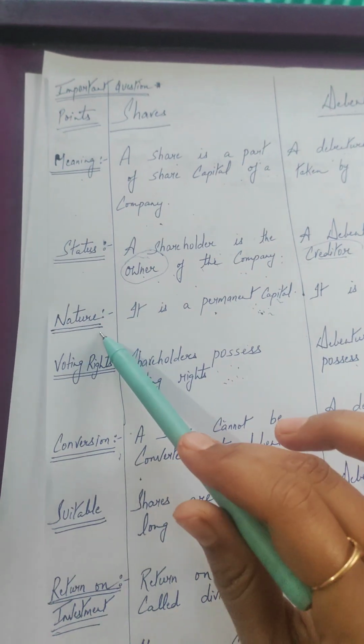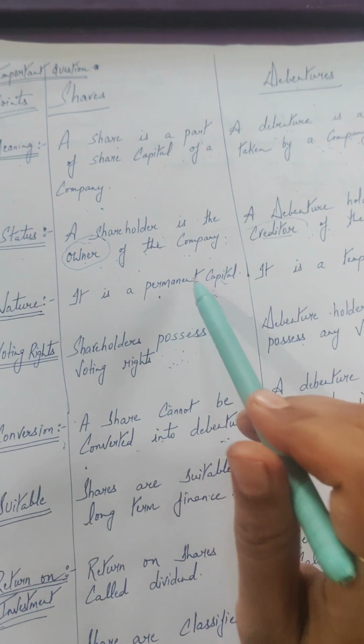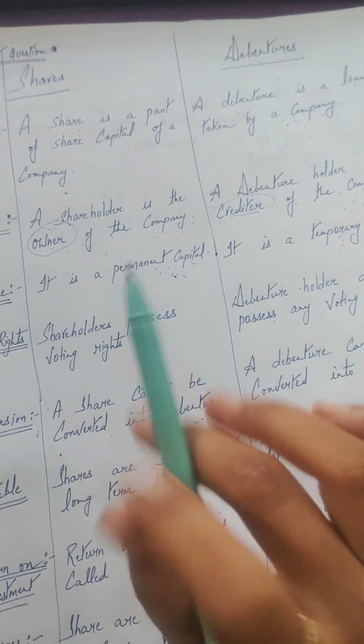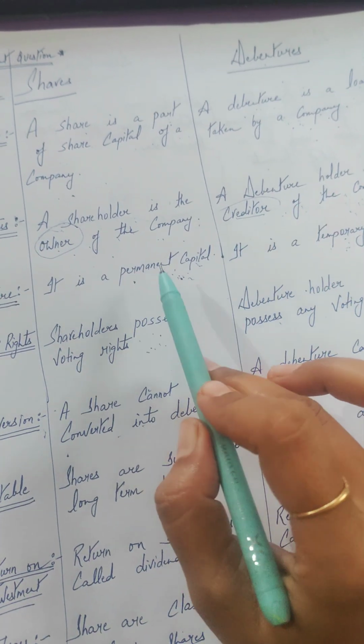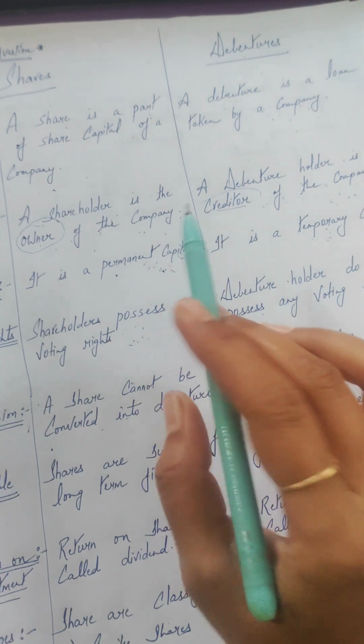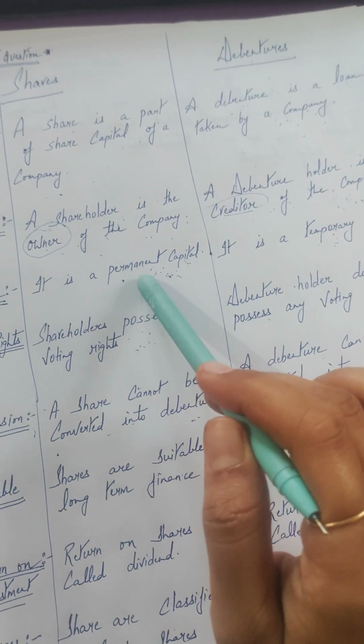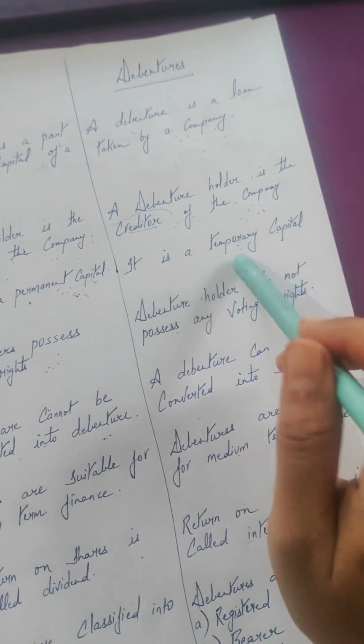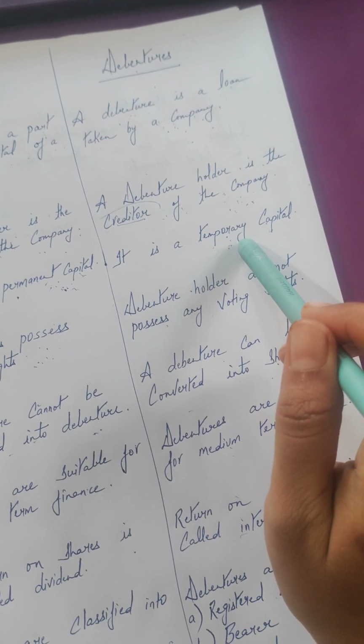Next point is the nature. Share is a permanent capital. Why is it a permanent capital? Because it is not repaid during the lifetime of the company. Debenture is a temporary capital. Why is it a temporary capital?